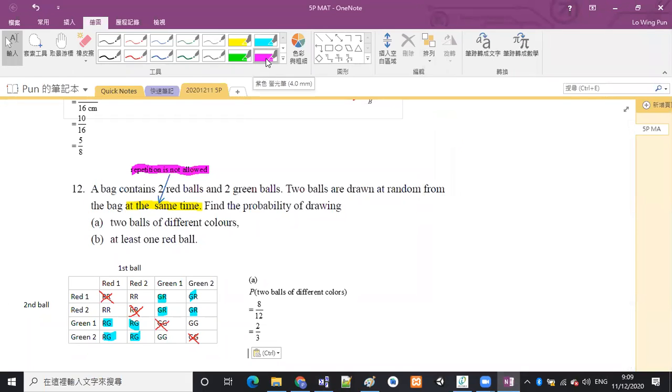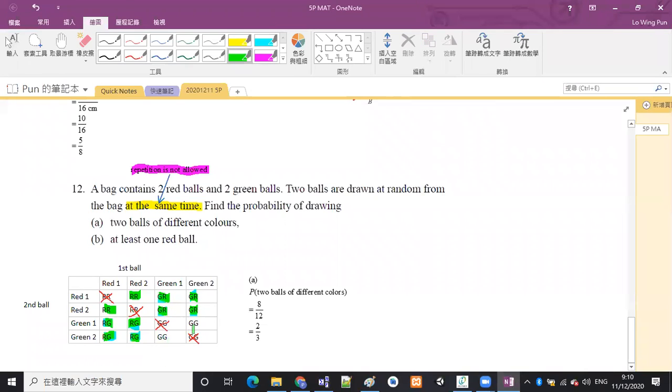At least one red ball, meaning it can have one red ball or two red balls. Okay, so it will be 1, 2, 3, 4, 5, 6, 7, 8, 9, 10.